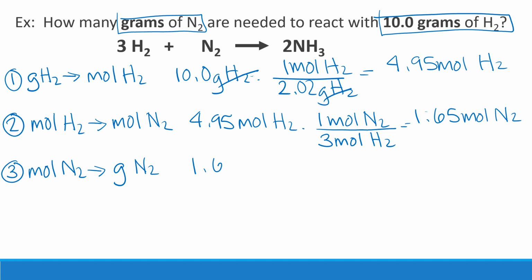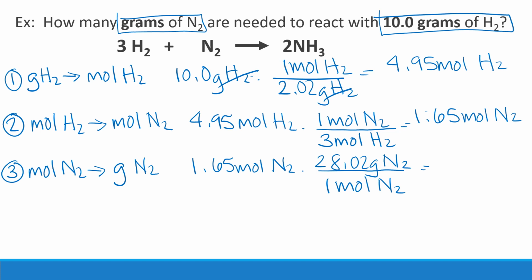So 1.65 moles N2, and then 1 mole of N2 has a molar mass of 28.02 grams. 2 times what's on the periodic table, and that brings me to my final answer, 46.2 grams of N2. And that's a little bit more practical to work with, right? I can measure out a mass of nitrogen. Well, it's a gas, so a little tricky, but it can still be done.